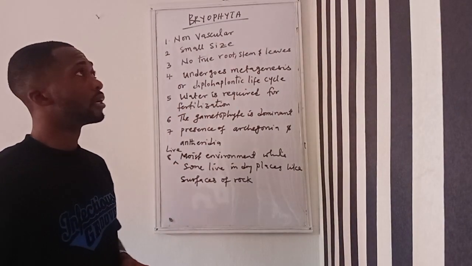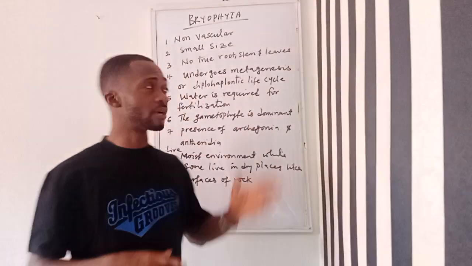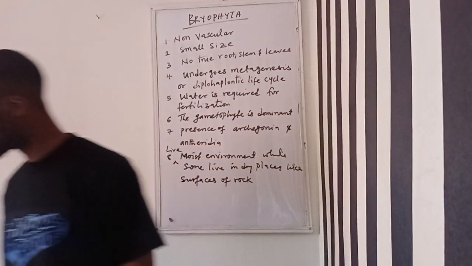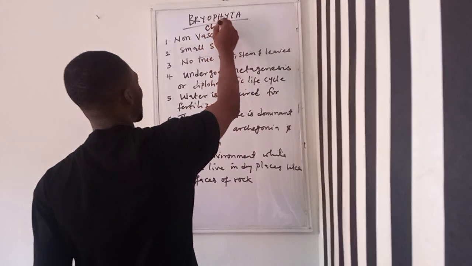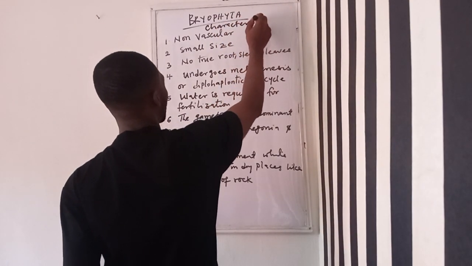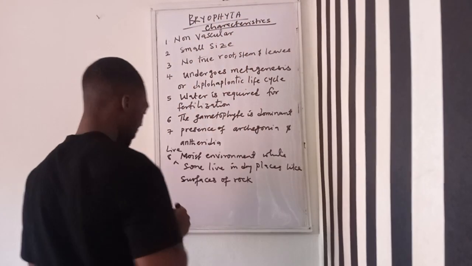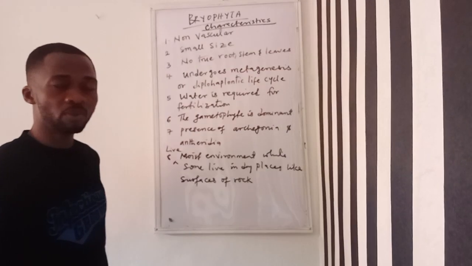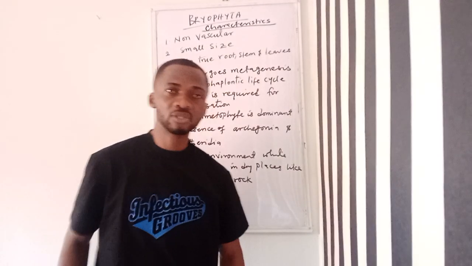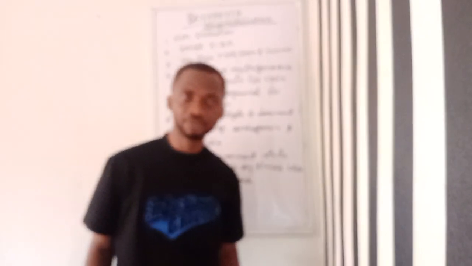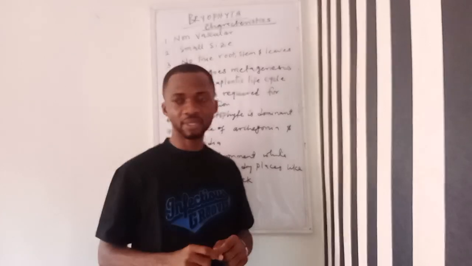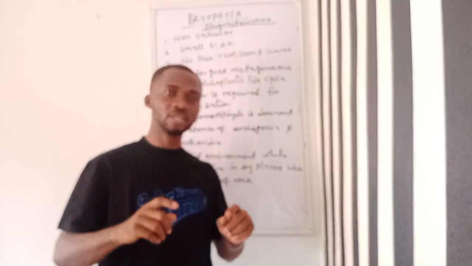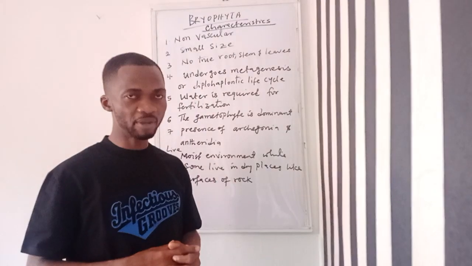Another thing we should understand before I go into the characteristics of this group of plants is the origin of Bryophyta. In terms of origin, scientists have struggled to correctly and accurately pinpoint the origin of Bryophyta.